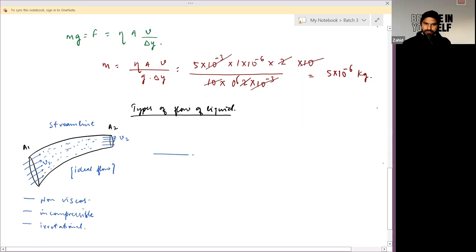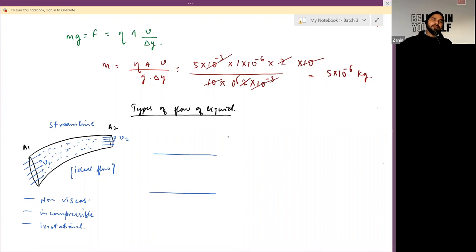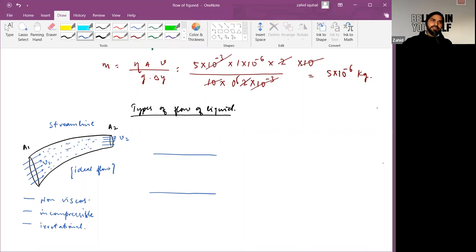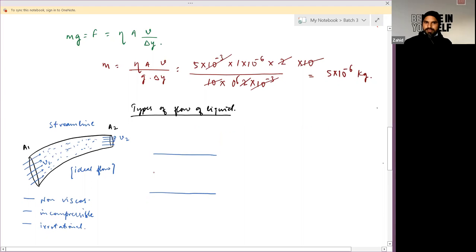Now, suppose there is a tube in which there is viscosity between layers of liquid. So in this case, the centralmost layer will move with maximum velocity. And as you move alongside, there will be opposition to the flow of liquid due to its adjacent layer as well as due to its boundary.